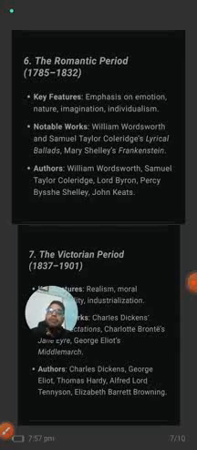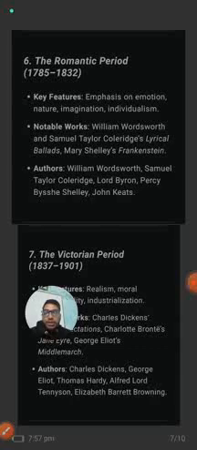So what are the famous works? William Wordsworth and Samuel Taylor Coleridge collaborated on Lyrical Ballads. Lyrical Ballads were composed by William Wordsworth and Samuel Taylor Coleridge in collaboration.